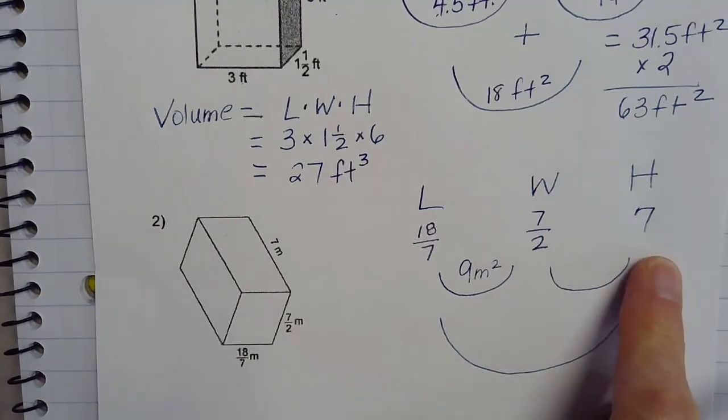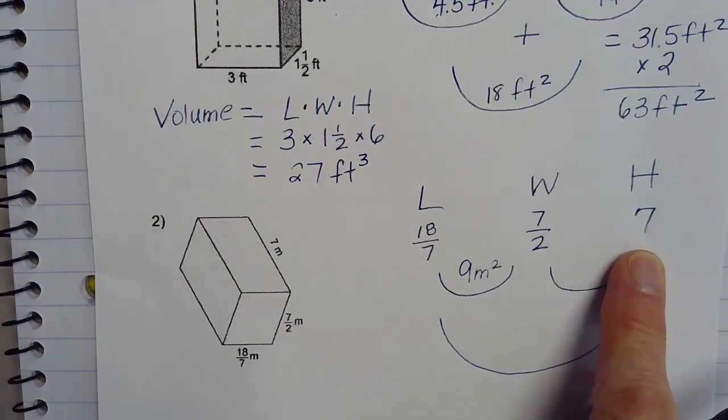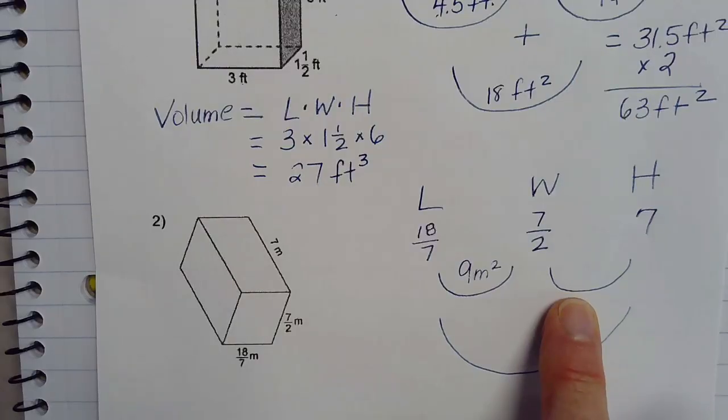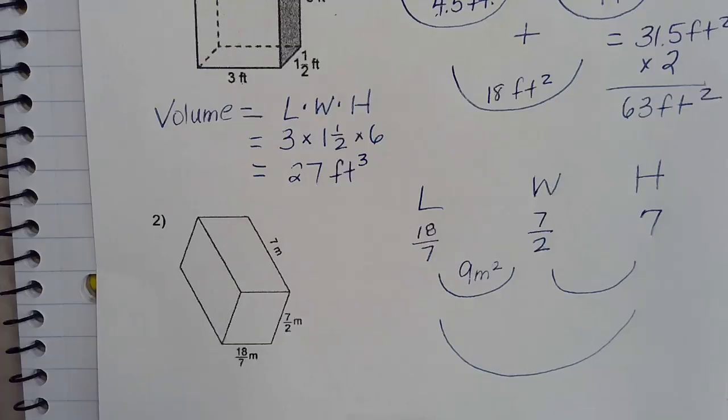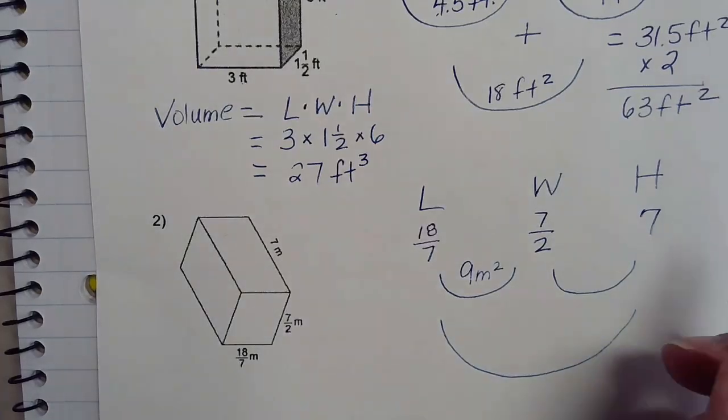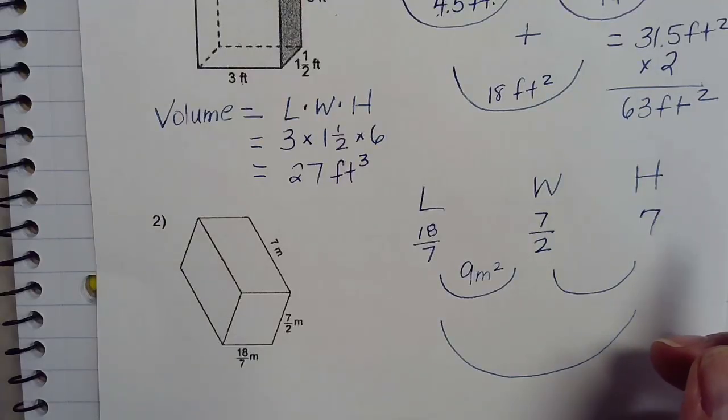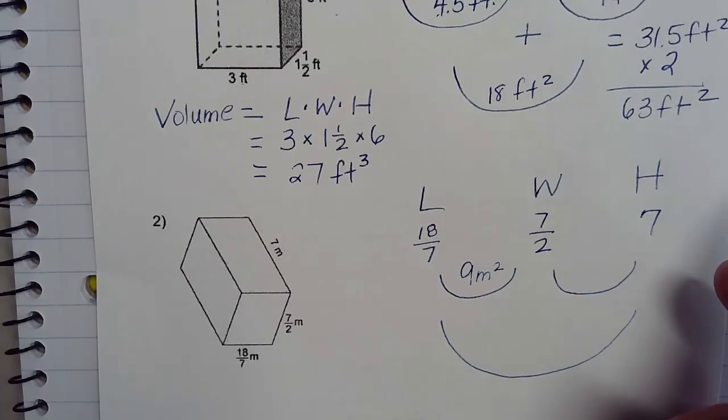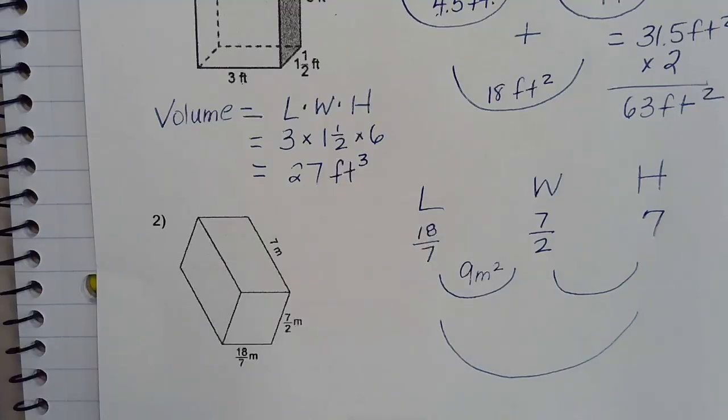Okay, you have 7 and a half times 7. Autumn, what's 7 and a half times 7? What'd you get?